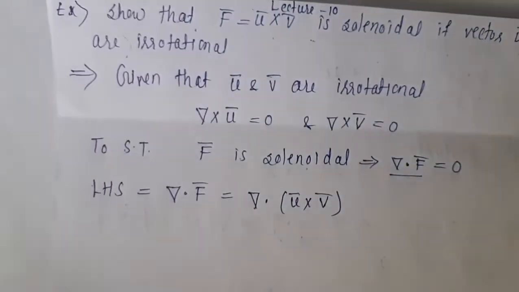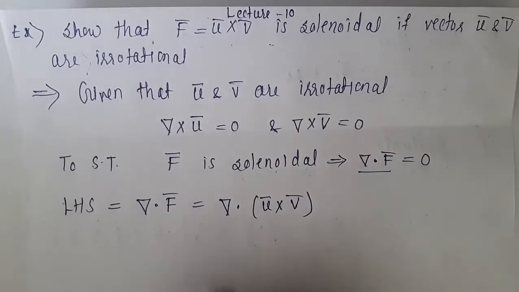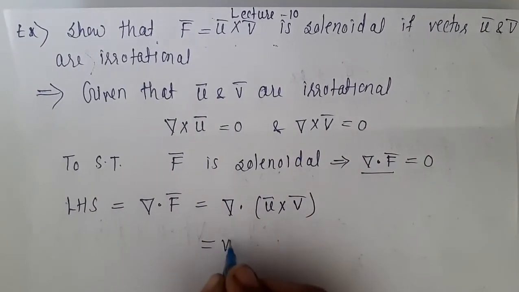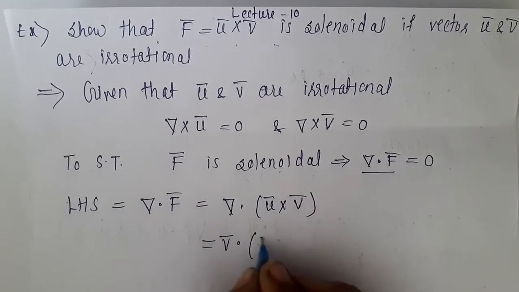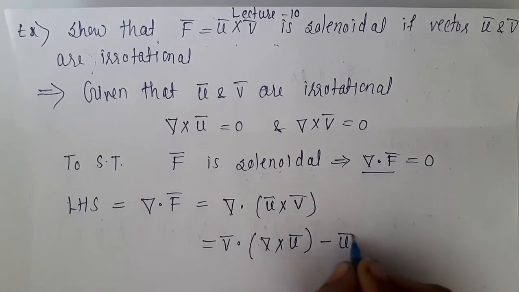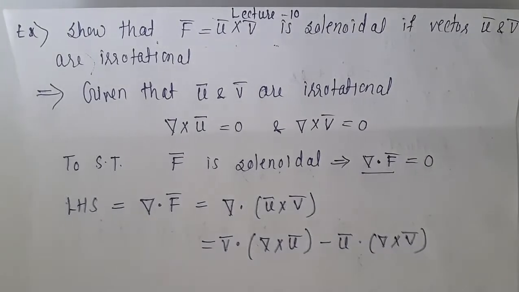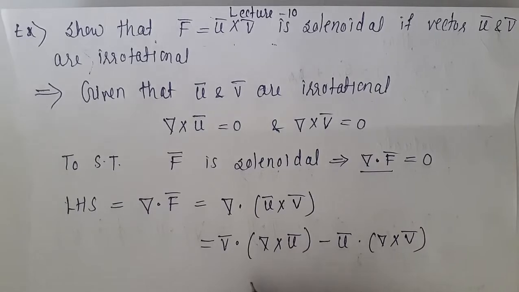It is del dot u cross v, it is equal to v dot del cross u minus u dot del cross v. This is the formula we have already seen in the previous lecture.